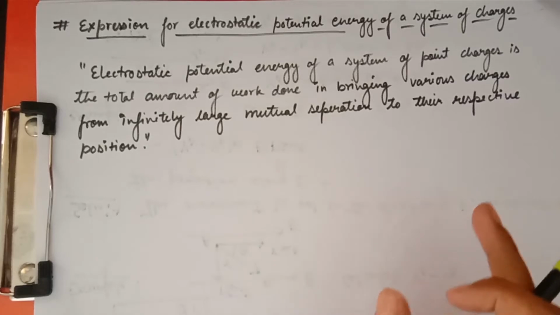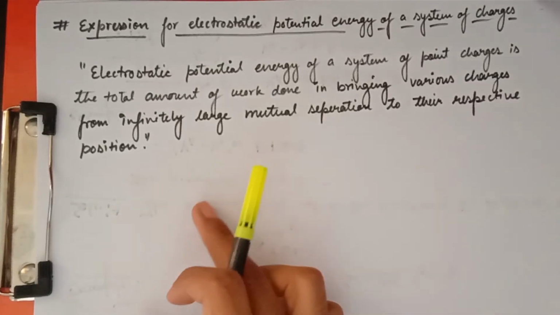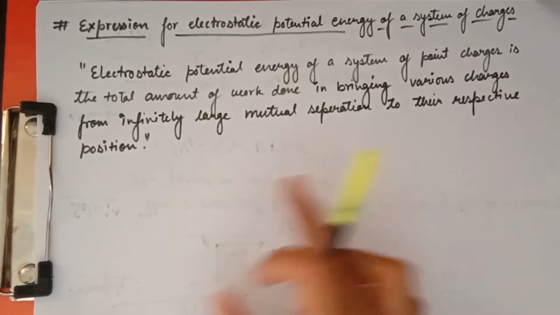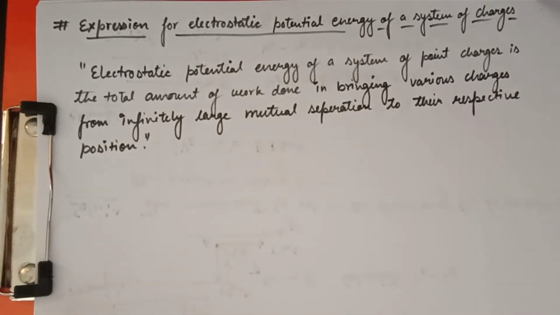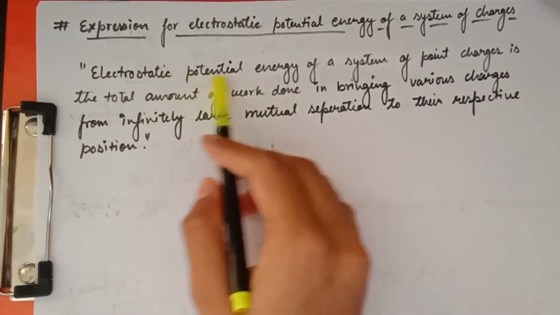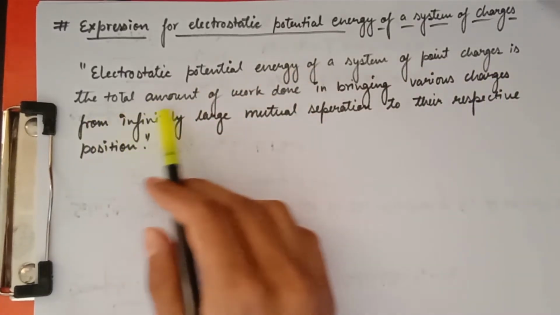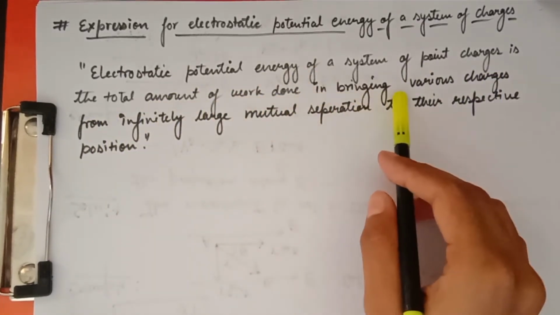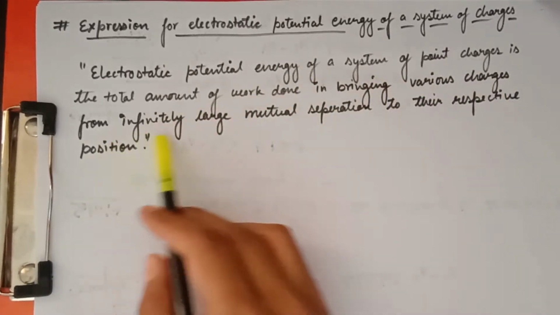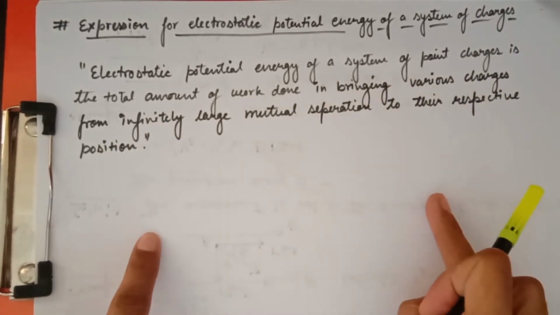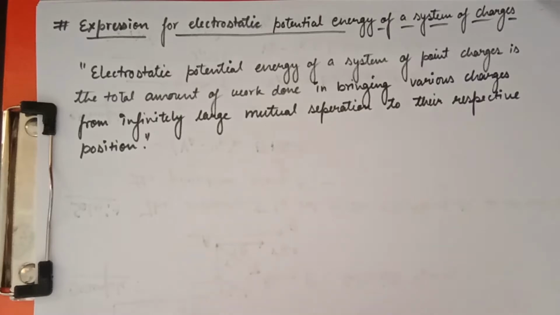So there will be no work done in the electric field or in the outer electric field. So I can say electrostatic potential energy of a system of point charges is the total amount of work done in bringing various charges from infinitely large mutual separation to their respective position.